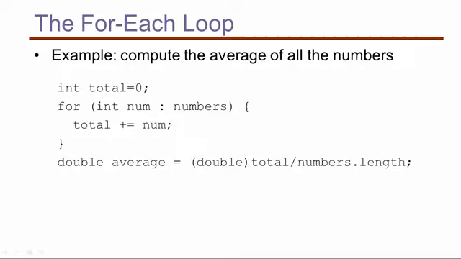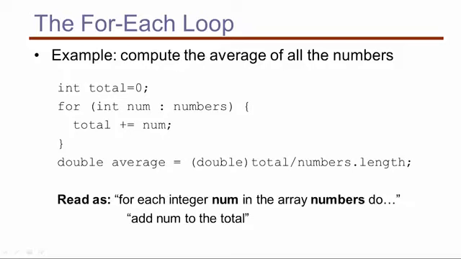Then we have a Foreach loop that gets each value from the array and adds it to the accumulator. Notice how the Foreach loop greatly simplifies the processing by getting rid of the integer loop counter and subscripted array expressions. When looking at this code that contains a Foreach loop, you read it as, for each integer num in the array numbers, do the following, where in this case we add that num into the total.